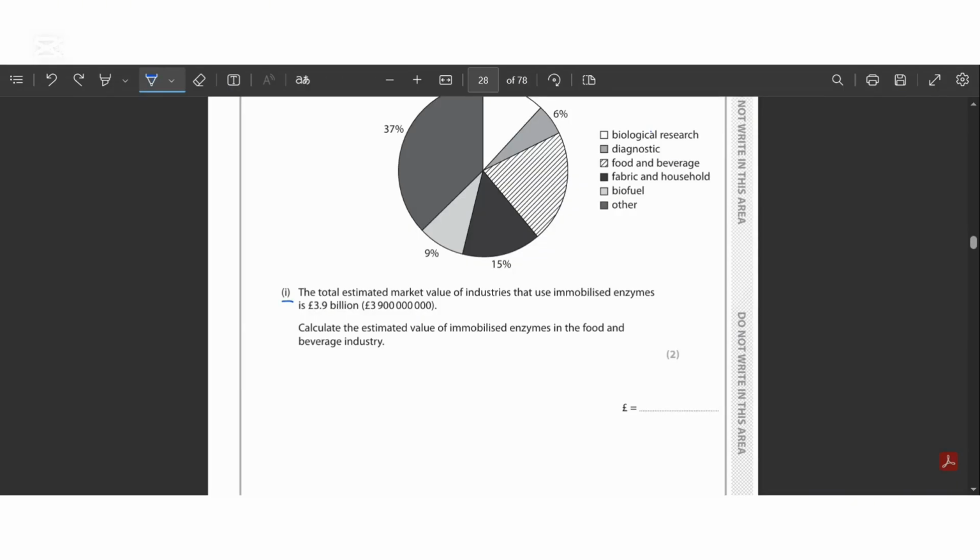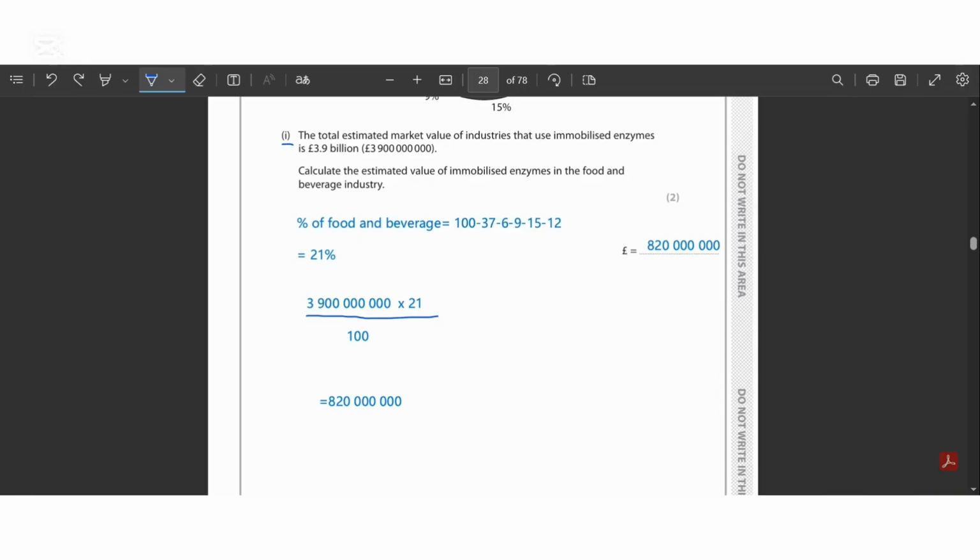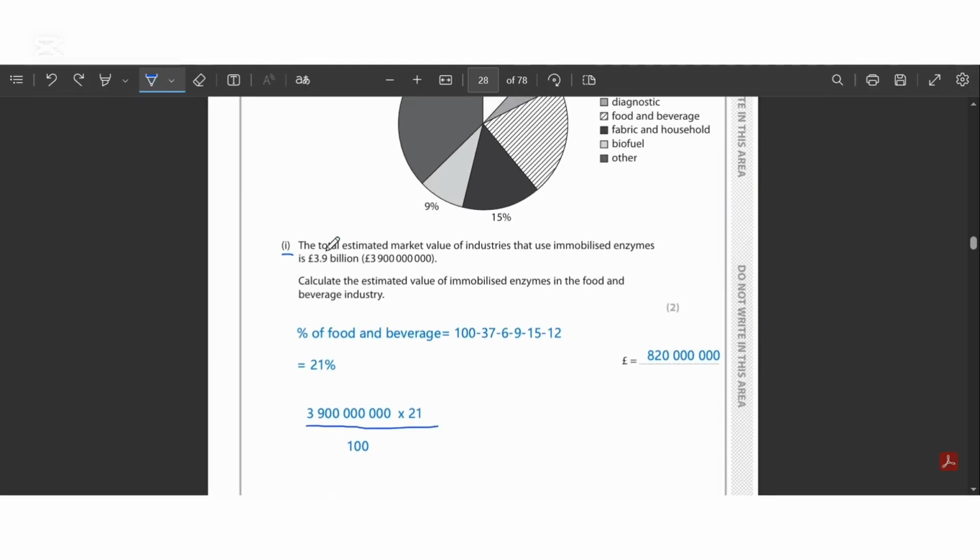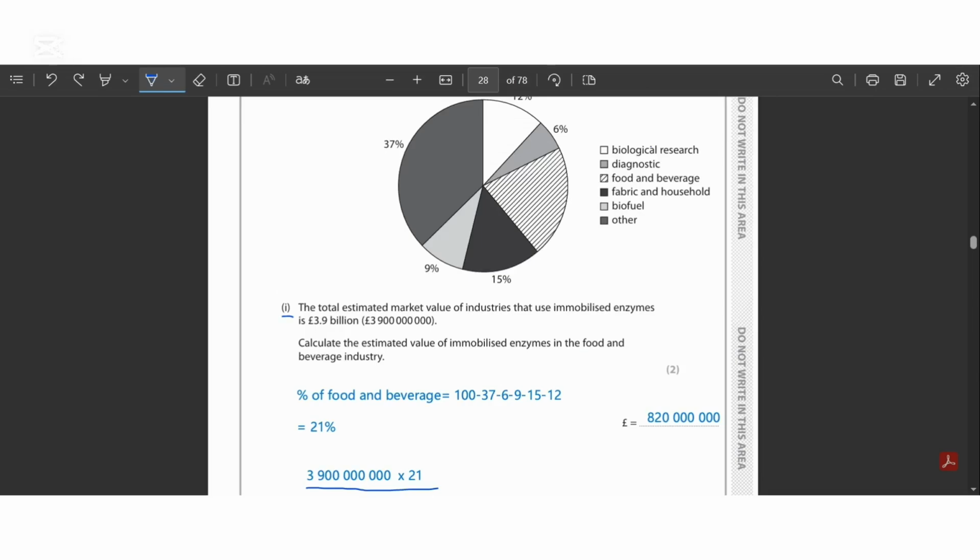So let's do this. As you can see here, I have solved. I've calculated the percentage of food and beverage by subtracting all these values from 100 and it comes to 21, which means that this proportion is 21%.